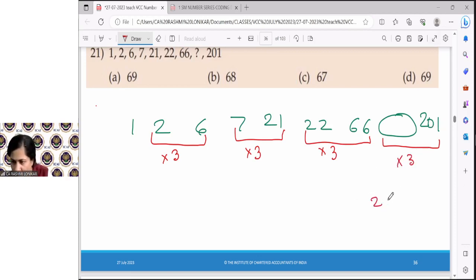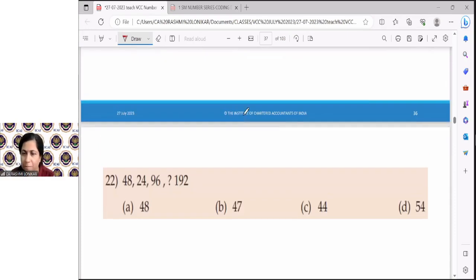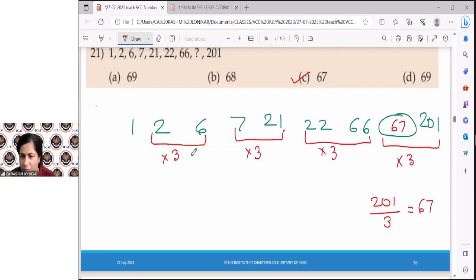So 201 divided by 3 is equal to 67. So the number here should be 67. 67 into 3 will give me 201. So C will be the correct answer. So what we have done, we just found the groups.